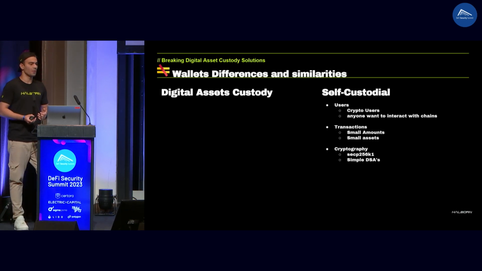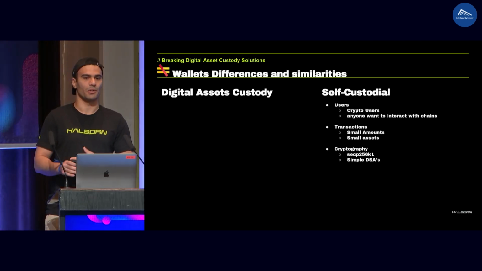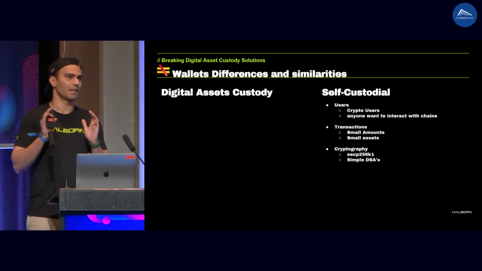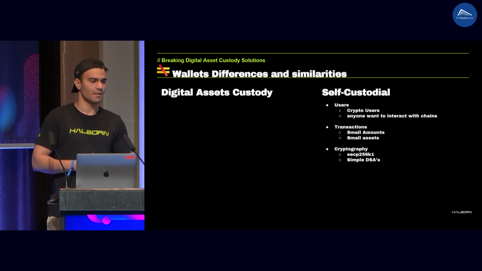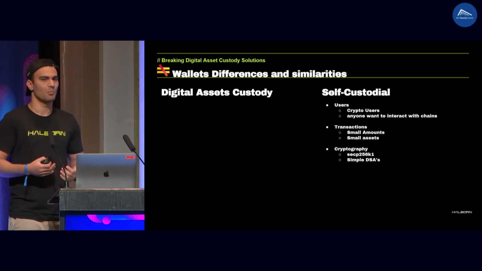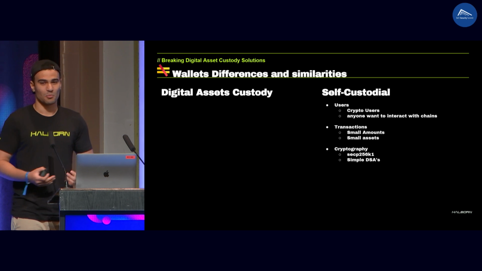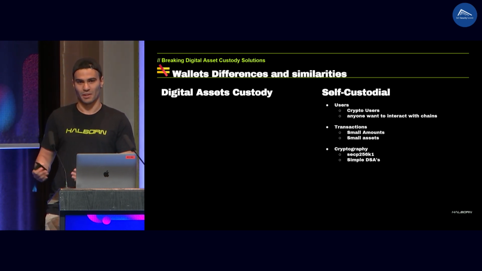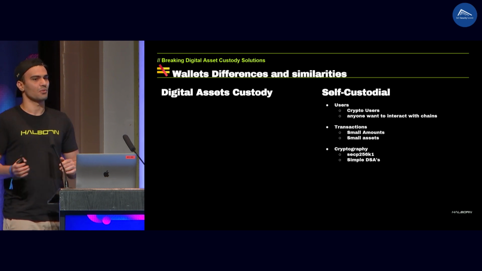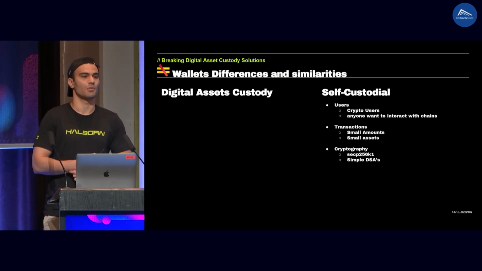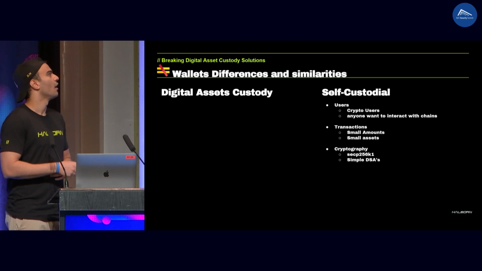So what's the difference between your MetaMask wallet or self-custodial wallet versus an enterprise-grade digital asset custody? Your wallet holds a small amount. When we talk about a small amount, it could be a few million dollars. That's considered small compared to the amounts operated through enterprise-grade custody solutions for big financial institutions.